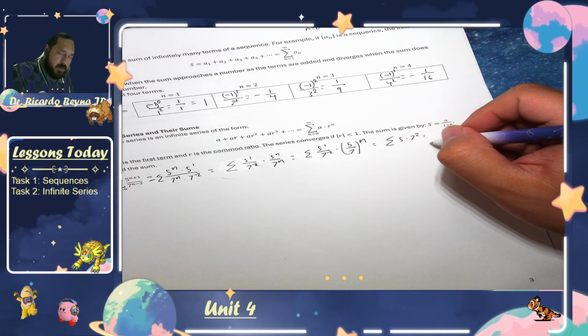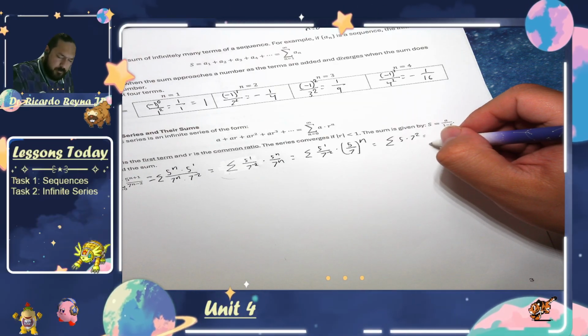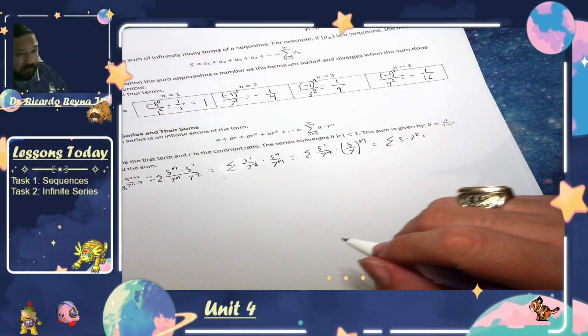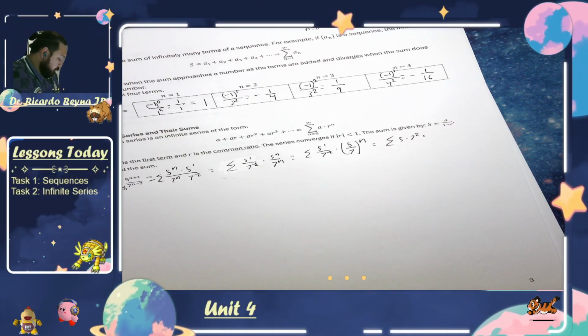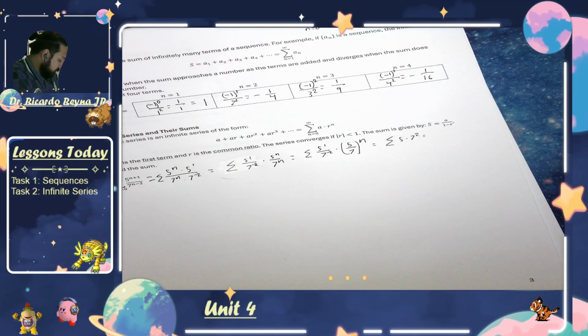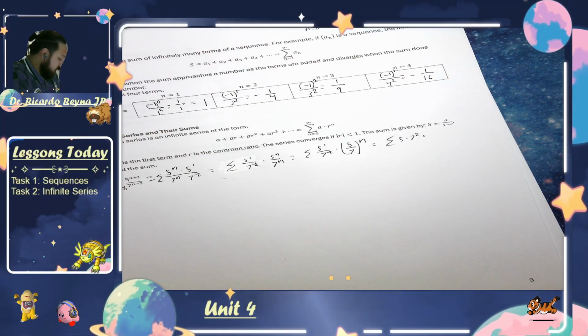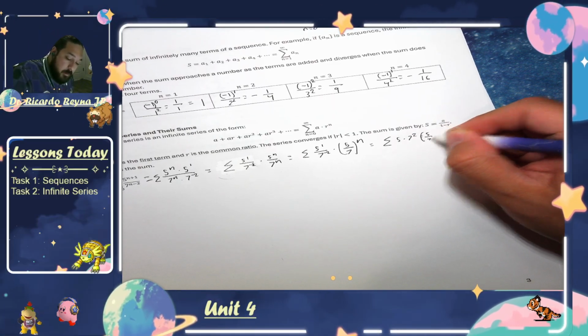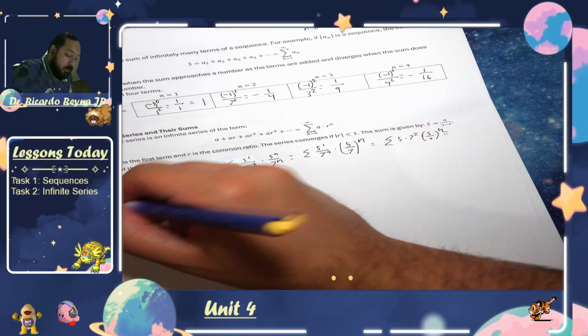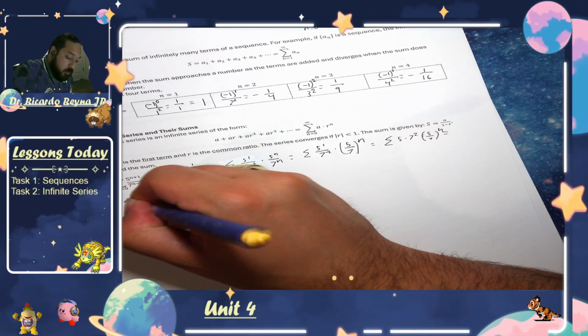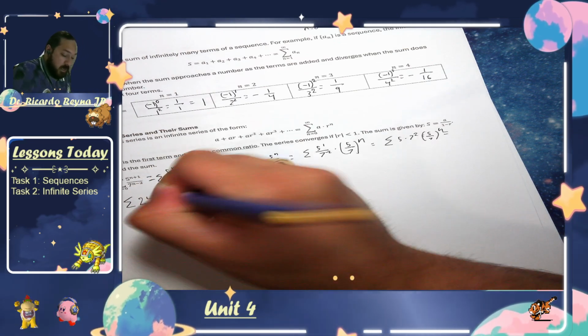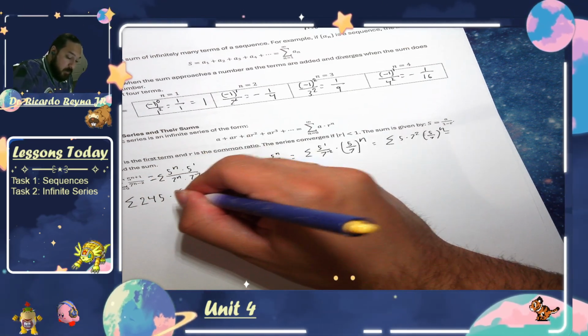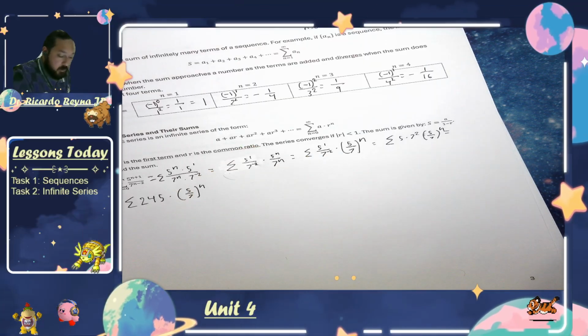And I think that's going to be 245. Let me find out. So yeah, 245 is equal to 245 times 5 over 7 to the power of n.